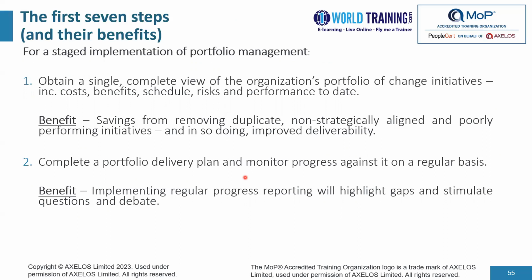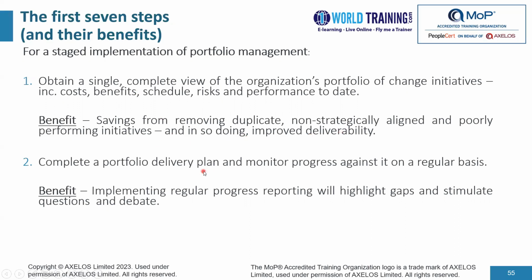Step number 1, obtain a single complete view of the organization's portfolio of change initiatives, its costs, benefits, schedule, risk, and performance to date. This one singular view of all the change initiatives would provide savings from removing duplicate, non-strategically aligned, and poorly performing initiatives, and in so doing, improve deliverability.